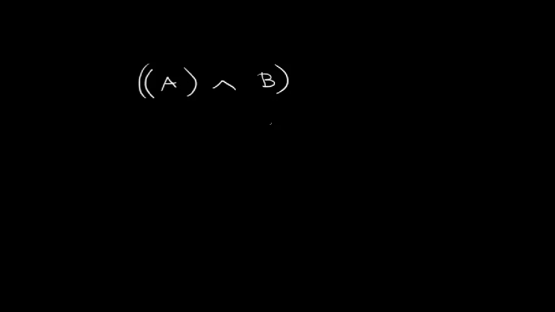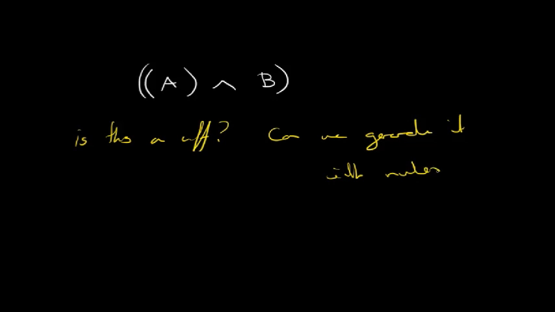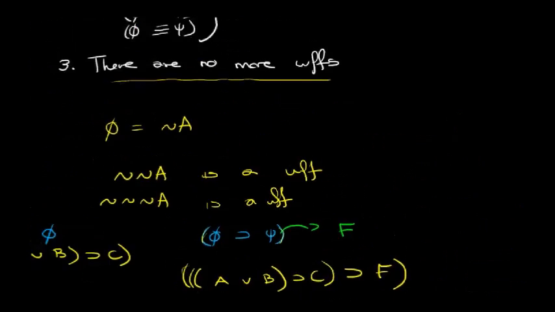Well, what we need to ask ourselves as to whether this is well-formed is whether we can generate it with the rules above. Well, look, if we were going to write this formula down, if we were going to create this, we'd start off with an A and a B, but at some point this A has got to go to an A in brackets. But there's just no rule for doing that.